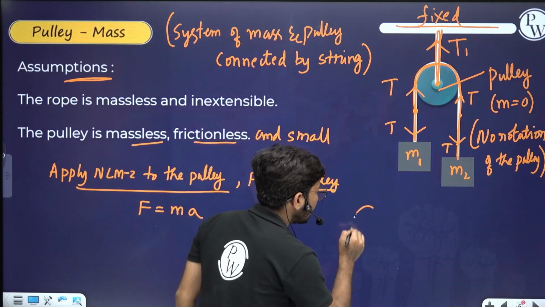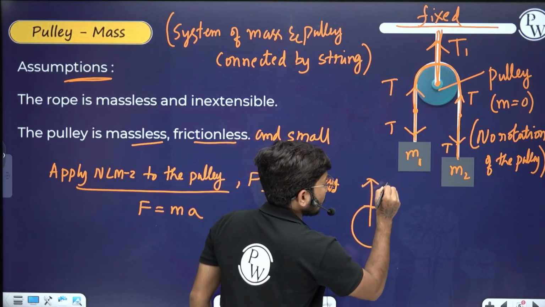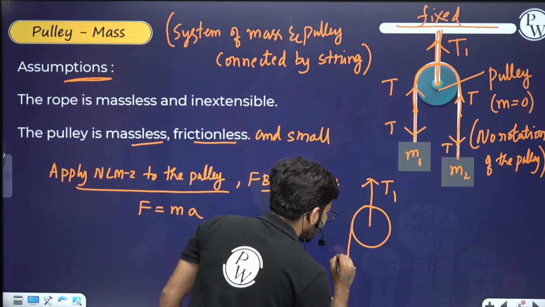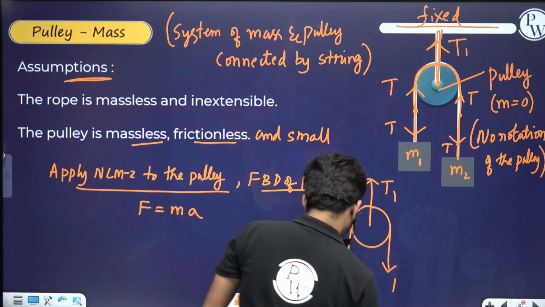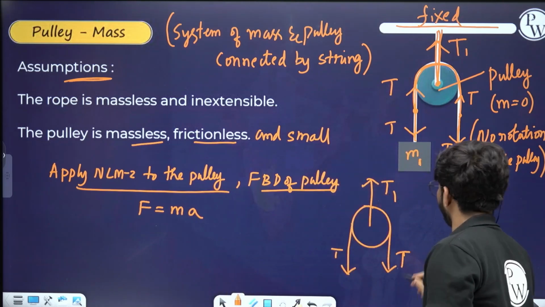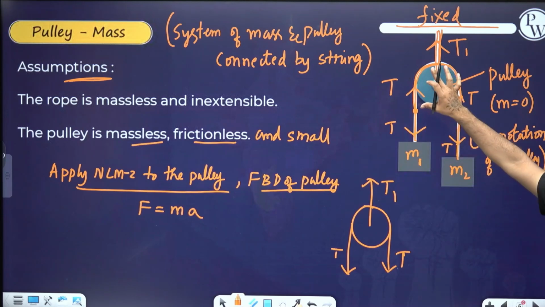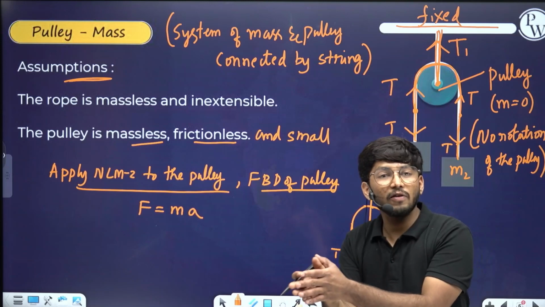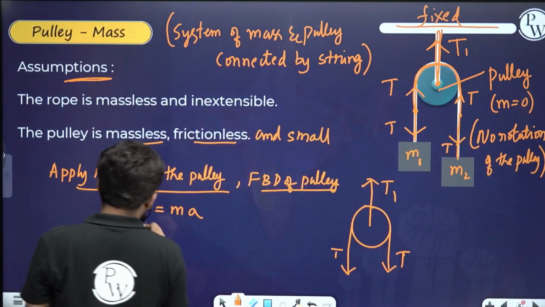You have a pulley. This pulley is pulled upwards by tension T1, downwards by T and another force T. I am not writing M1G, M2G because they are not directly acting on the pulley. In a free body diagram, we write only the forces that act directly. So what is the net force?